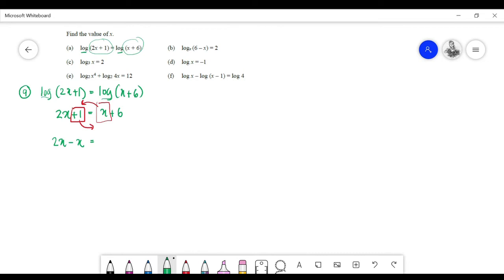Then when it moves to the left hand side, the sign changes to negative, I mean minus x. So equal to 6 minus 1. Now you have 2x minus x equal to x only. So it will be equal to 6 minus 1 equal to 5. So this is your final answer.